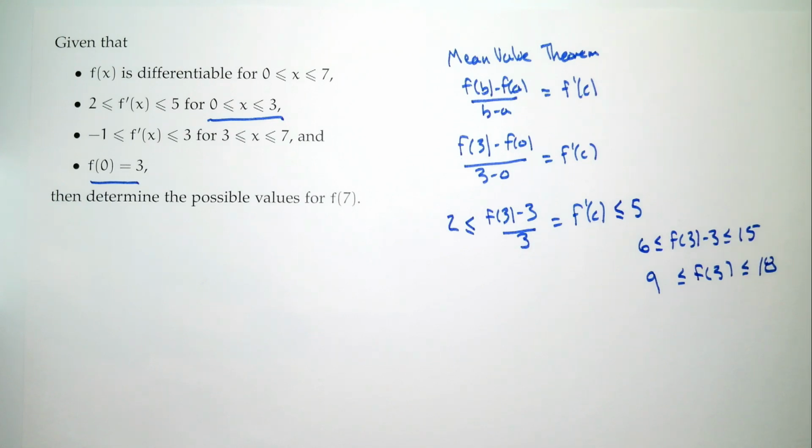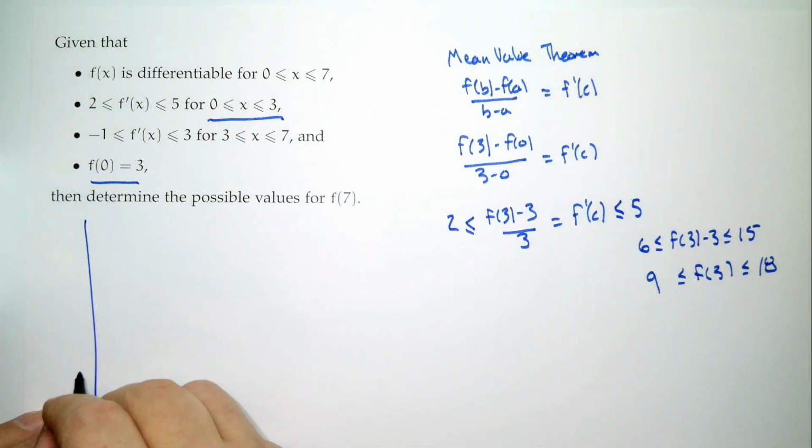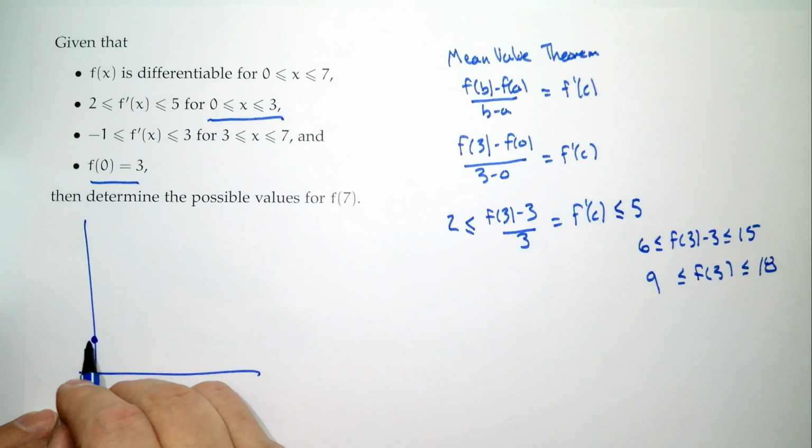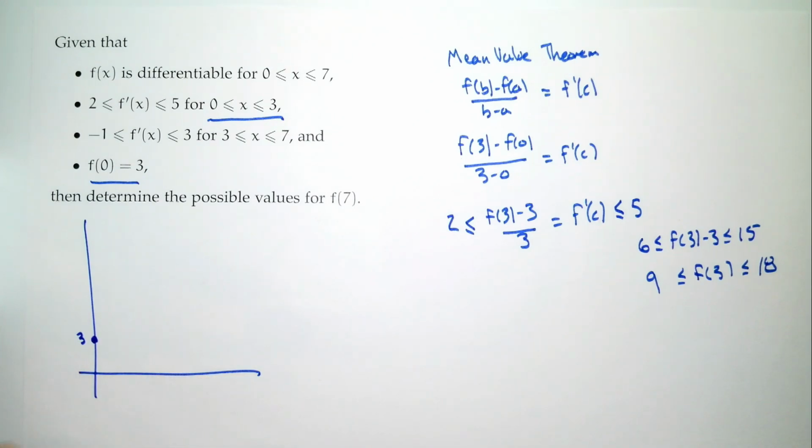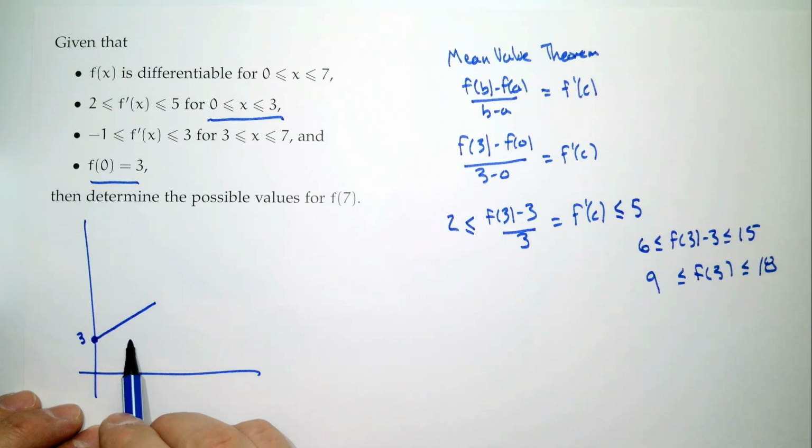Now what's happening geometrically? Because I think it helps to see the picture. So let's do a quick sketch. So here I am at 0. Let's say this is the value of 3. And what's happening is I say my rate of growth is always between 2 and 5. So my slowest possible rate of growth would be if I did a line which had slope 2.